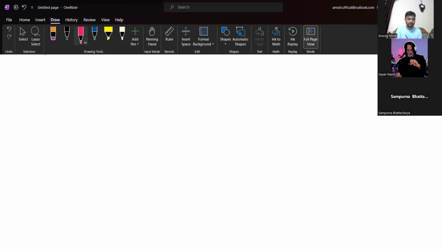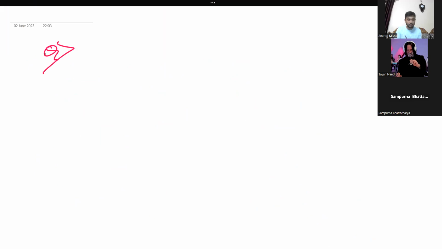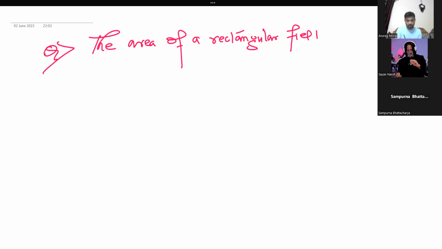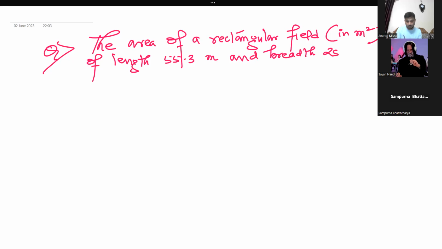This question is: the area of a rectangular field of length 55.3 meter and breadth 25 meter, round off for significant digits.